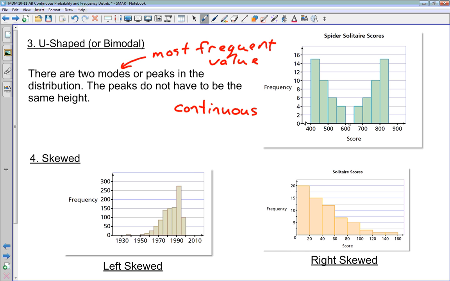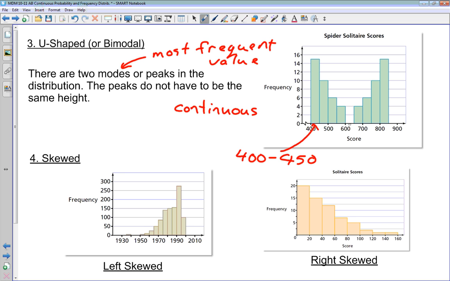So there's a slight difference in how our graph is made when we are doing a continuous variable here. When we're labeling our axes, notice that the numbers appear at the beginnings and at the ends of the individual bars. Okay? So each bar is not labeled as it was with a discrete variable. We are limiting the ranges here. So if we take a specific bar, like this first one, what is in that bar are all the score values between 400 and 450, rather than corresponding to a single value of the score.